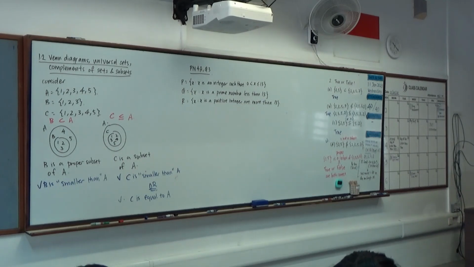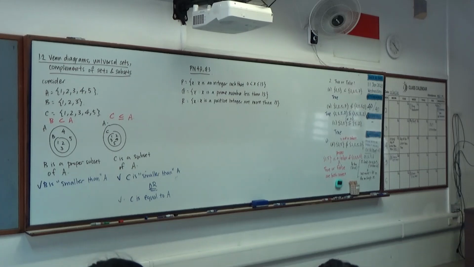Is it a subset or a proper subset? Subset, right? Because there's the possibility that maybe all of you get A1, so it can be equal. It can also be smaller than that.